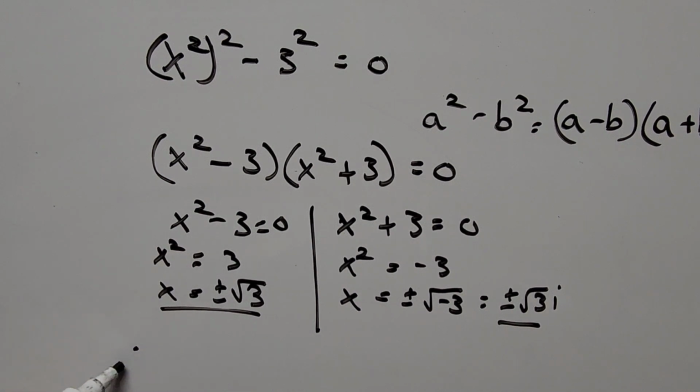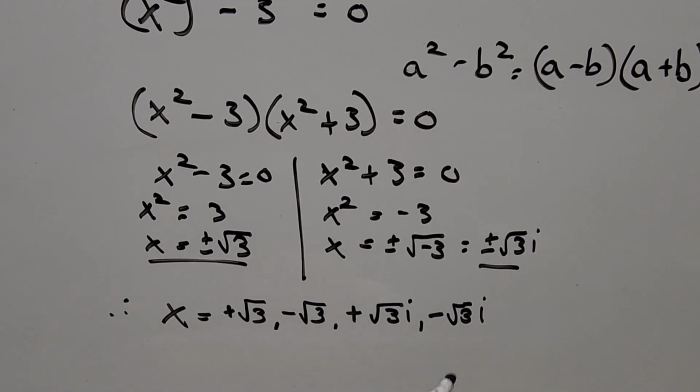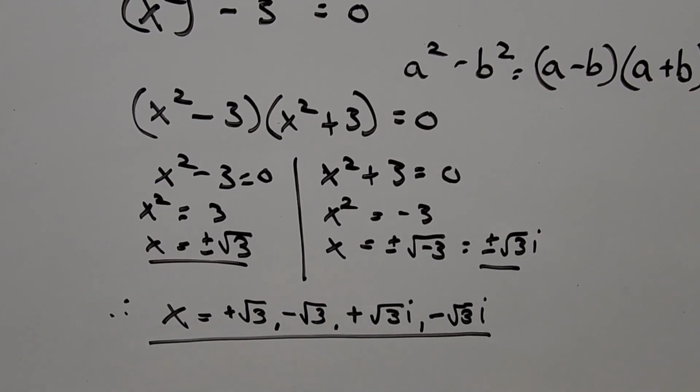Therefore, our values of x are positive square root of 3, negative square root of 3, positive square root of 3 times i, and the last value is negative square root of 3 times i. So these are the values of x, or the roots of x.